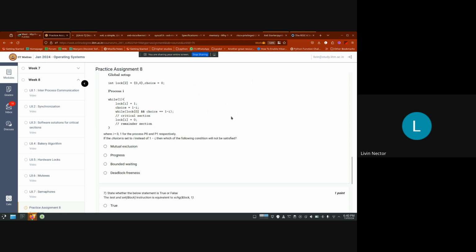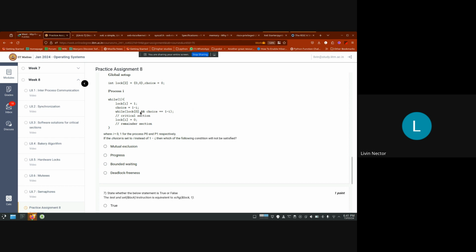So when we choose the same process, the bounded waiting condition is not achieved. This guy can go here multiple times even if that guy wants the lock, right?